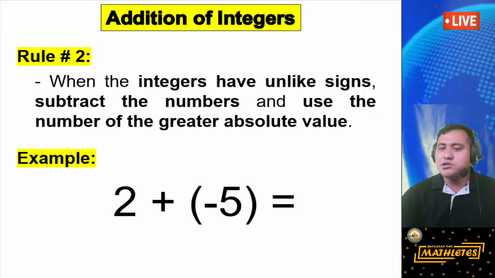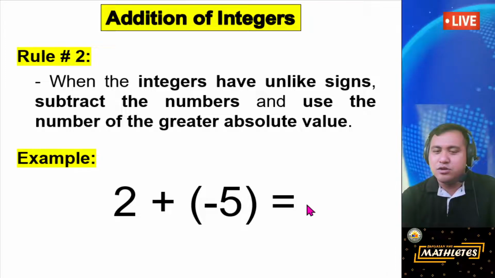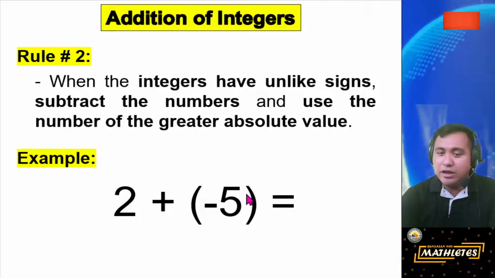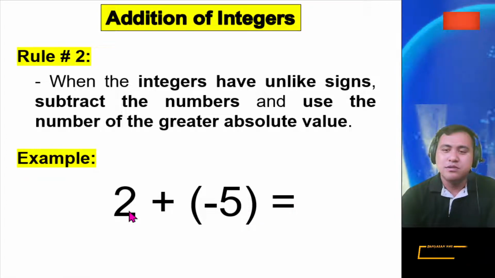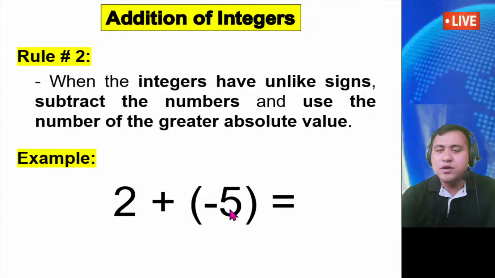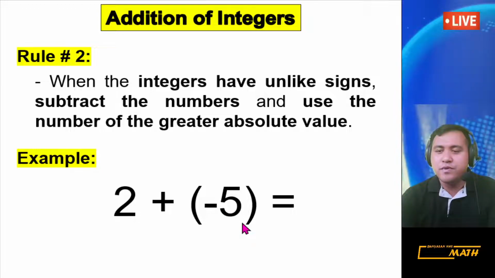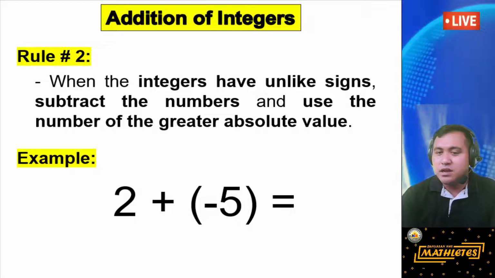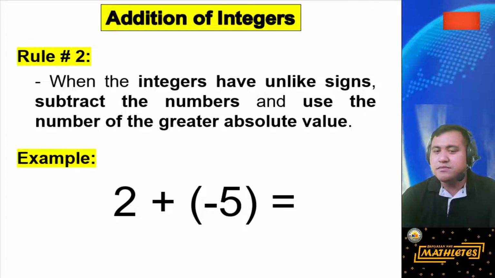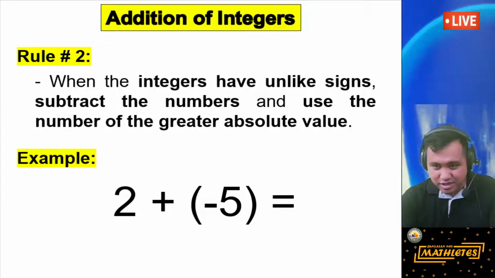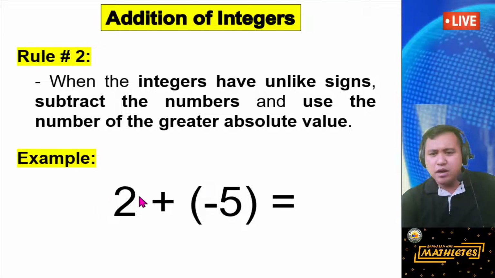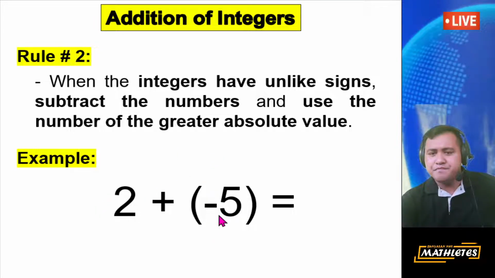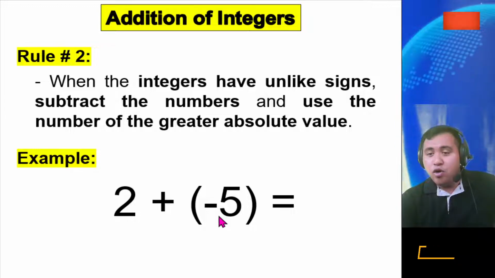We are going to subtract. Okay, kuhaon nato ang ilang absolute value, no? Ang absolute value ni 2, siyempre 2. Ni negative 5, what is the absolute value of negative 5? That is positive 5. Which of these two numbers has the greater absolute value? Siyempre si negative 5. Among these two numbers, si negative 5 ang dako og absolute value.